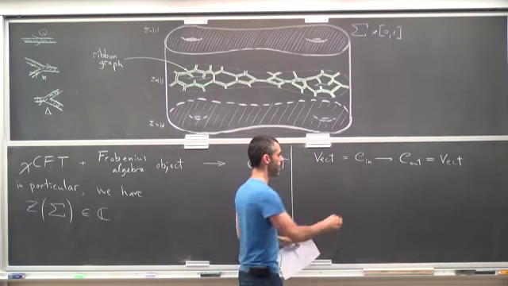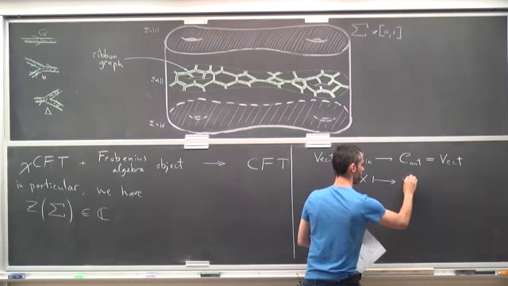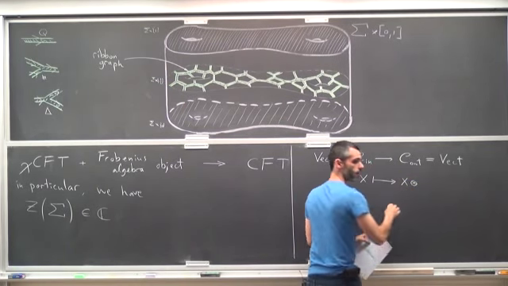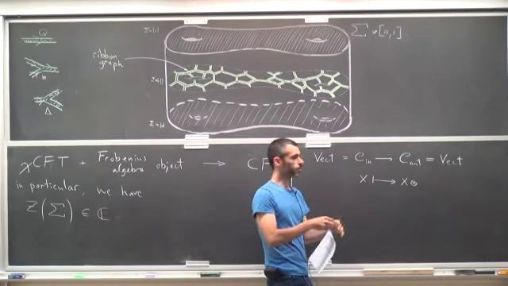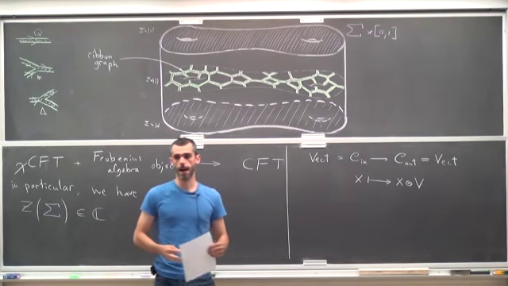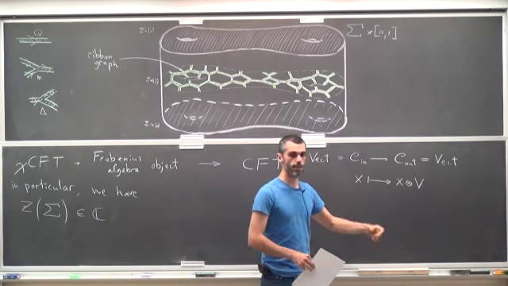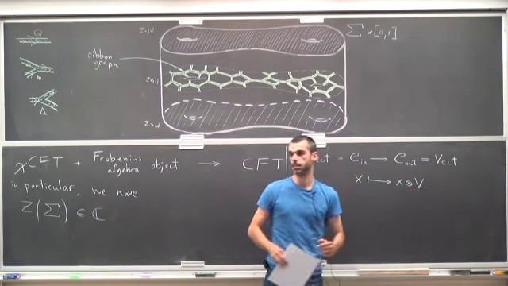More generally, a random vector space X will go to X tensor the image of C under the functor. So any functor is of the form X goes to X tensor V. And providing a functor from Vect to Vect is the same thing as providing a vector space.